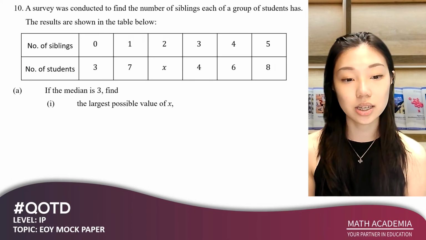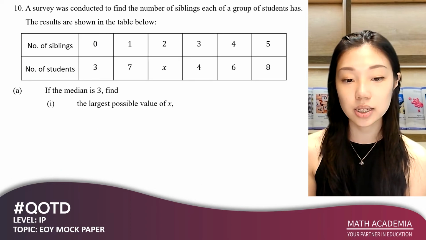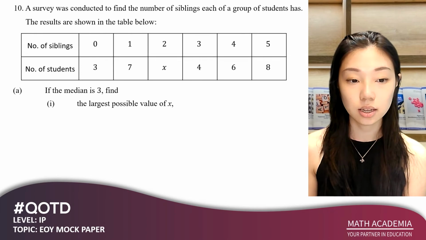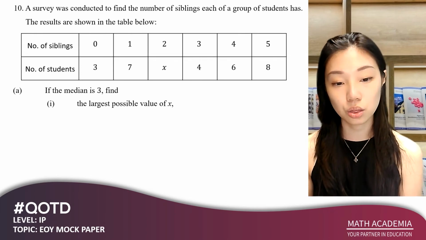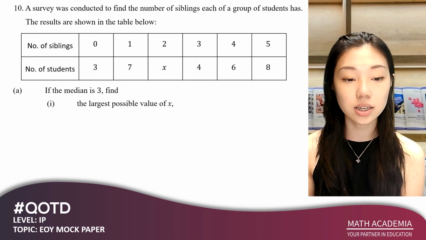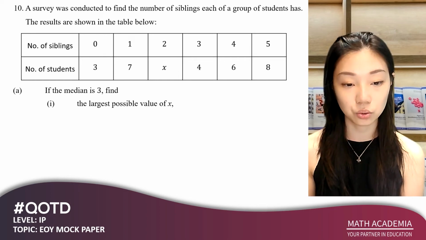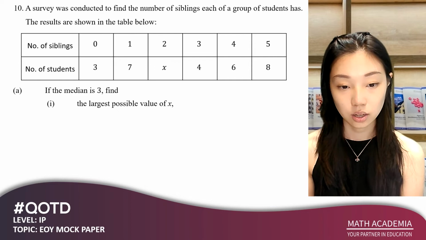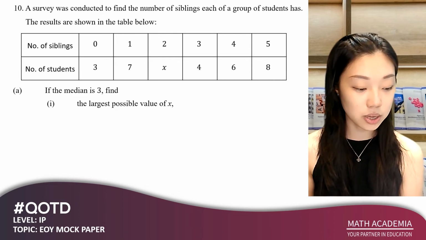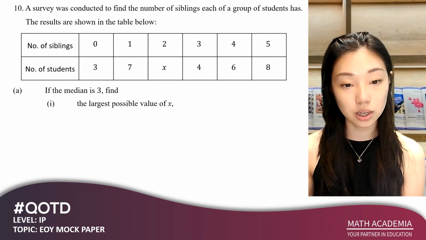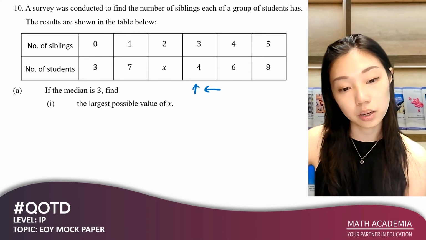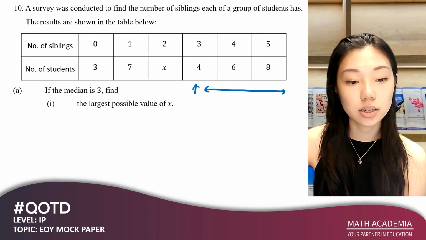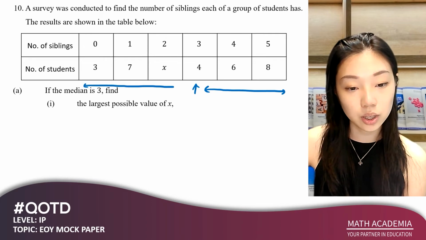A survey was conducted to find the number of siblings each group of students has. The results are shown below. If the median is 3, find the largest possible value of x. If I want my median to be 3, that would mean that there is the same number of people here and the same number of people here.